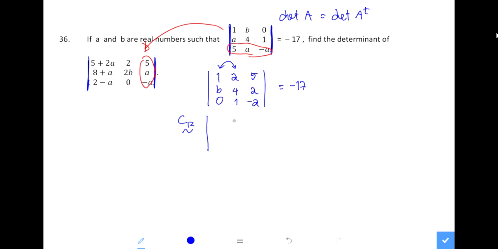So my 1 B 0 will just go to the middle. A 4 1 will just come to the front. Like we have A, 4 and 1 like this, and then this one doesn't change, so it stays the same. So if you do this process of swapping two columns in the matrix, your determinant will come out with the opposite sign.